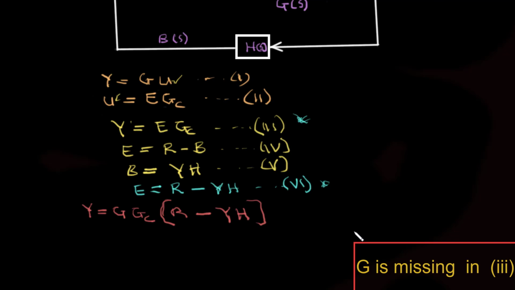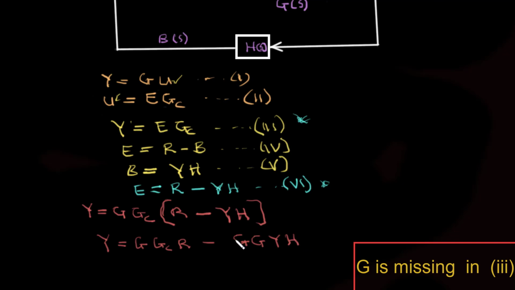Our next task will be to expand this equation. We will get output equals G C times R, then again G times controller times output times sensors.